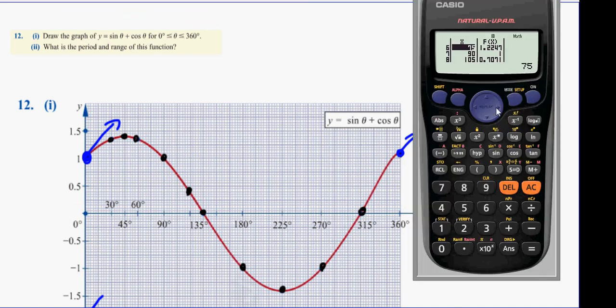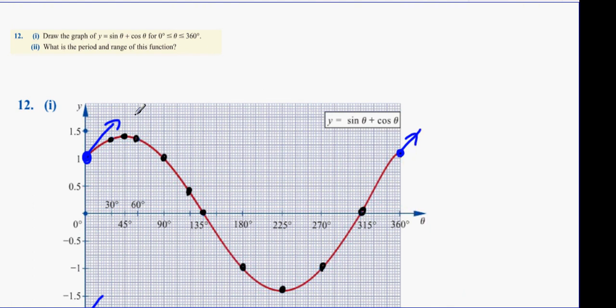Now they ask next, what is the range? On our calculator, we're looking for the highest and the lowest value. The highest value is 1.4142, and the lowest value is minus 1.4142.